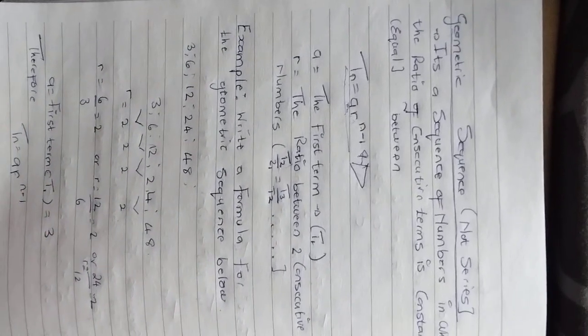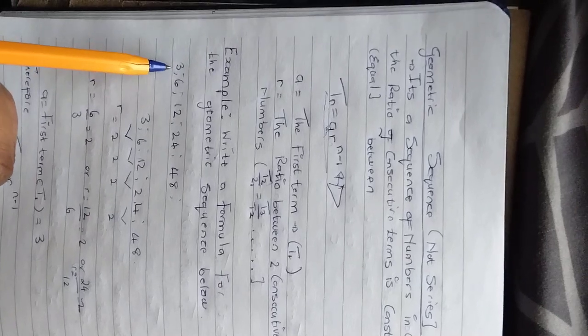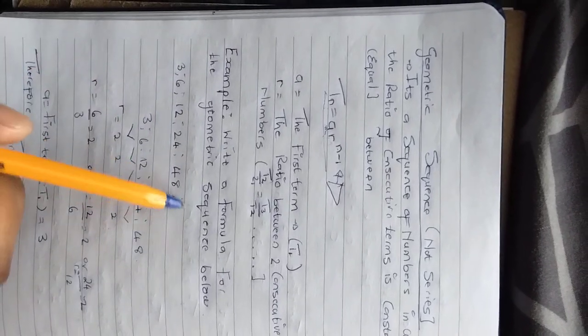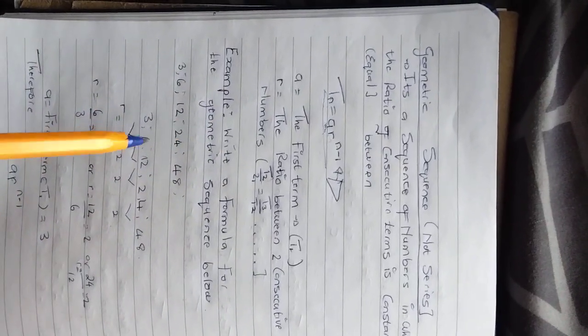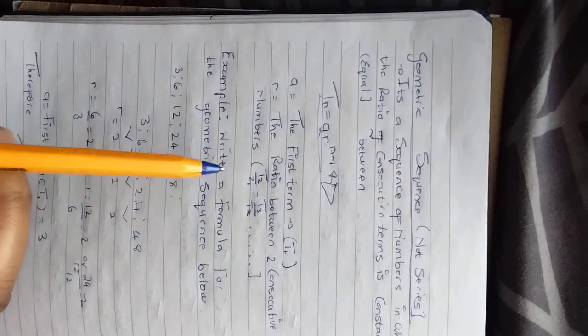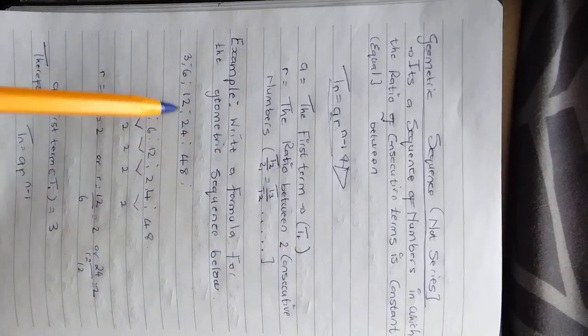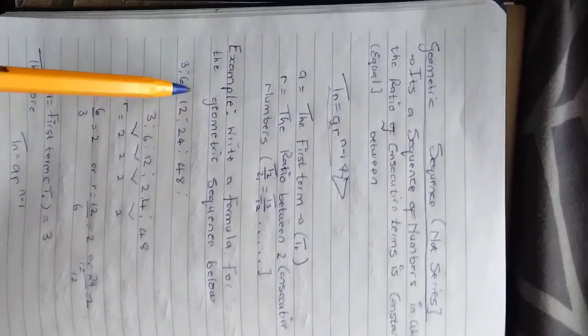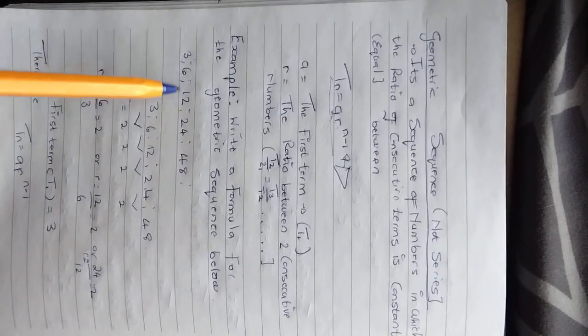So let's take an example. There's this pattern, and we were told it's a geometric sequence. Let's read the instruction before answering: write a formula for the geometric sequence below, which is 3, 6, 12, 24 and 48.